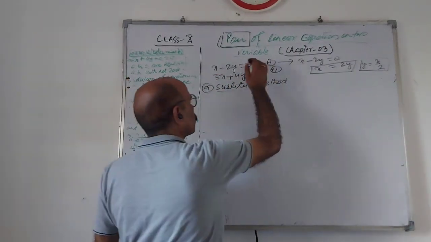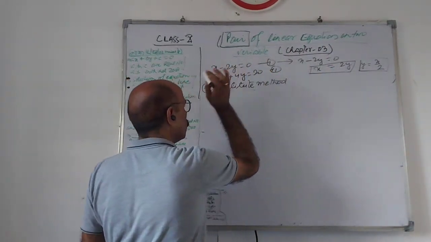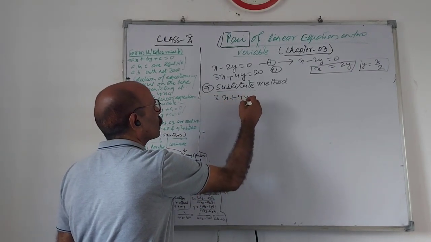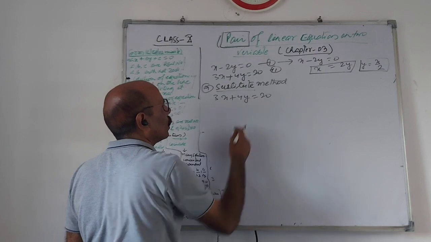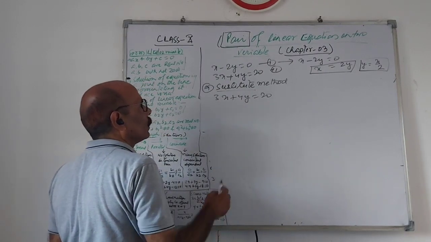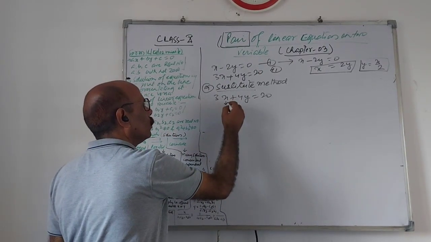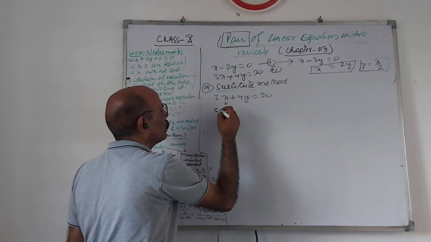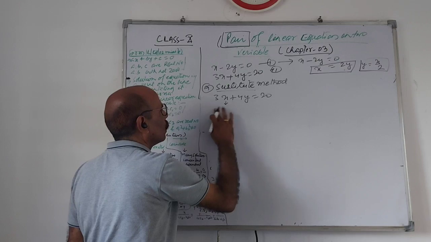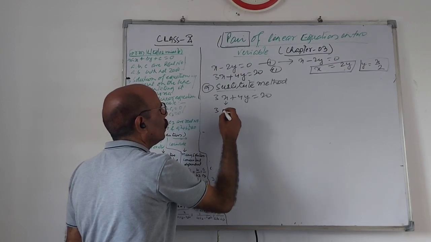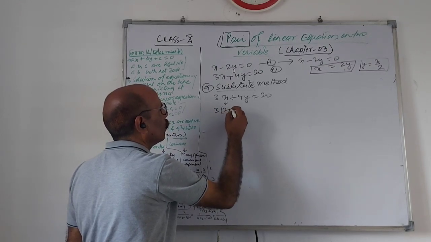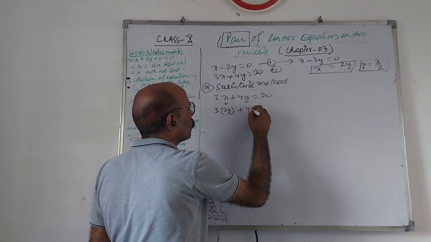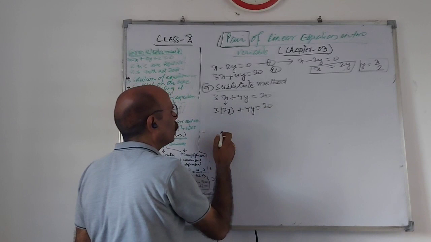But this result can be applied to the second equation. Right? Second equation: 3x plus 4y is equal to 20. Here, in place of x, replace it with the value in terms of y: 3 into 2y plus 4y is equal to 20.